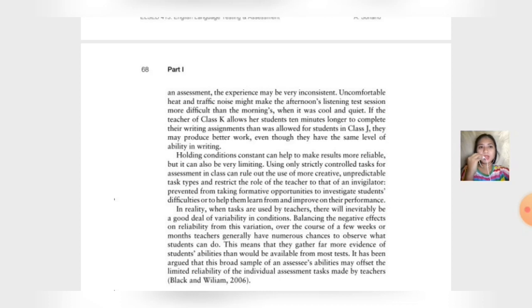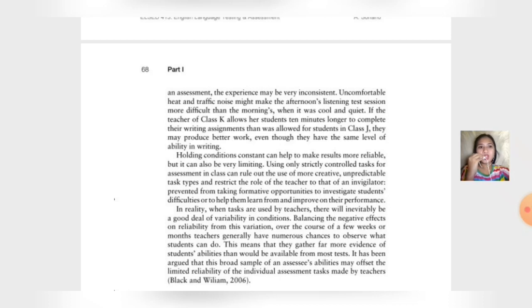If the teacher of Class K allows her students 10 minutes longer to complete their writing assignments than was allowed by the teacher of Class J, they may produce better work even though they have the same level of ability in writing. Holding conditions constant can help to make results more reliable, but it can also be very limiting.